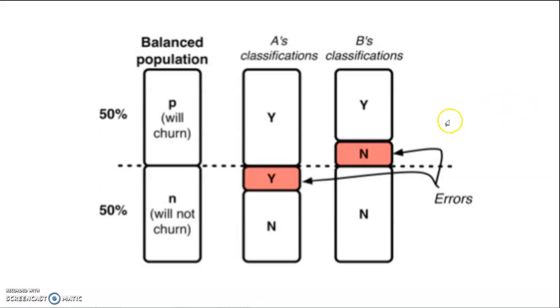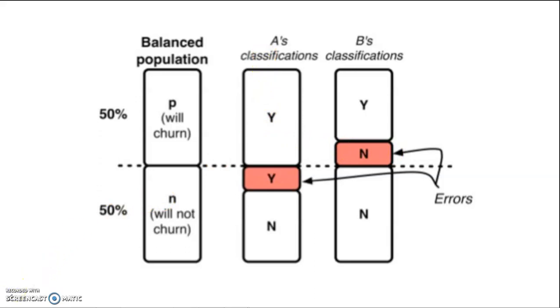Therefore we can choose algorithm A instead of algorithm B, because algorithm B keeps on having false negatives here, people who are going to churn but we predict them to be loyal. This is the part of the error, so we can clearly and safely choose algorithm A.